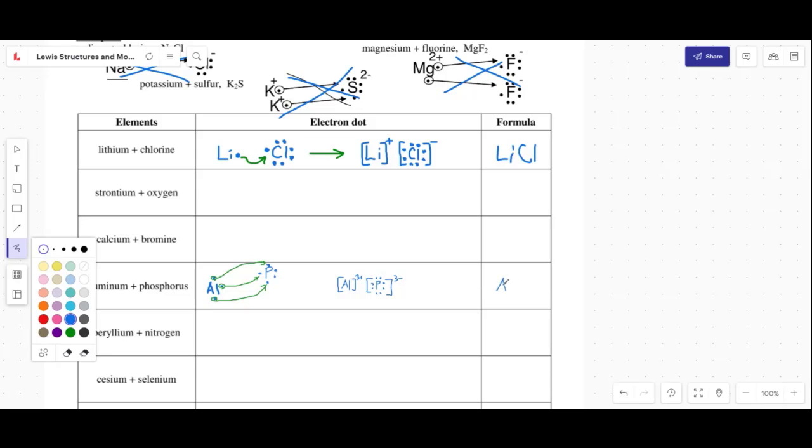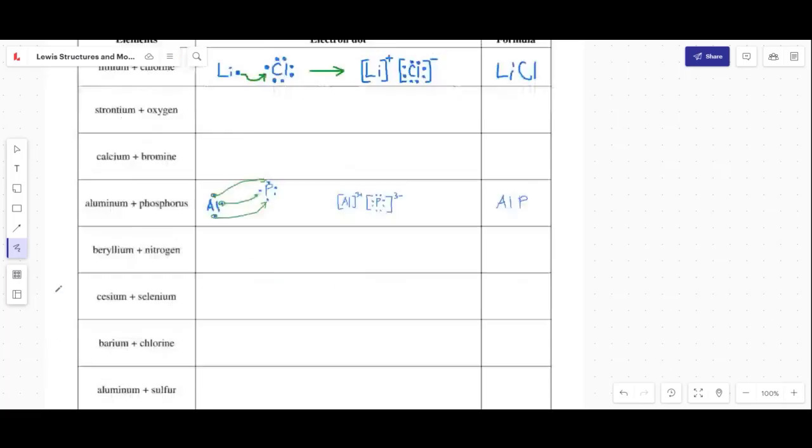And so once again, that's just going to be a very simple formula, AlP. Okay.